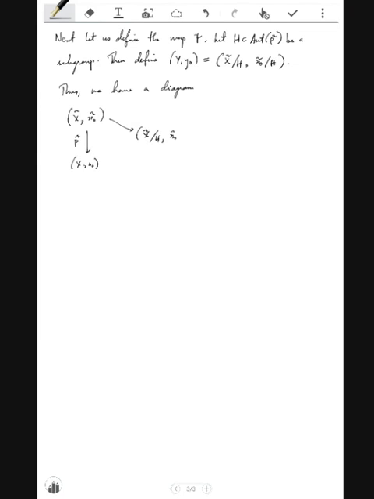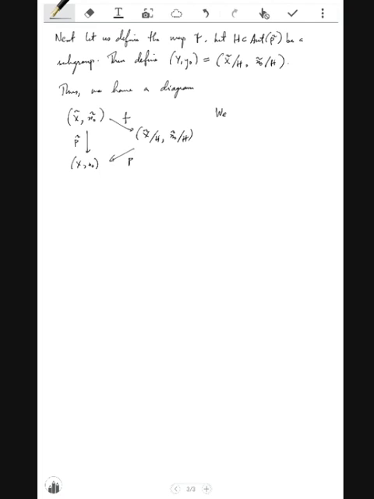Then define Y naught to be equal to X tilde mod H, comma, the orbit of x naught tilde, which we write as x naught tilde mod H. Thus we have a diagram, with f.